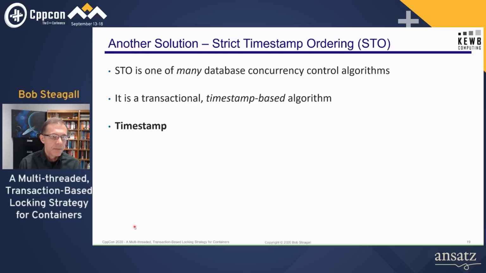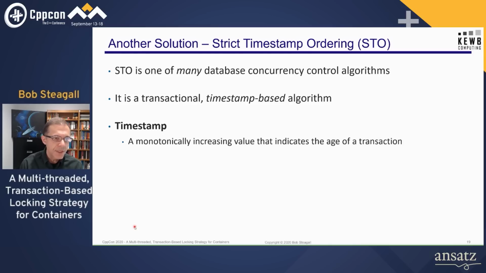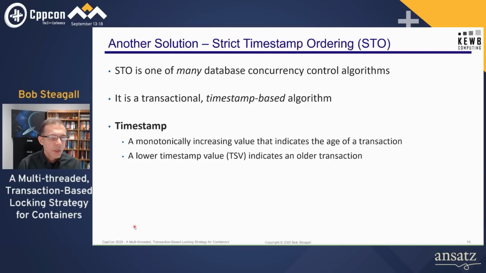So what's a timestamp? Well, a timestamp is a monotonically increasing value, usually an integer value, that indicates the age of a transaction. So if you have a timestamp value that's lower, that means it's an older transaction. If you have a timestamp value that's greater, that means it's a newer transaction.